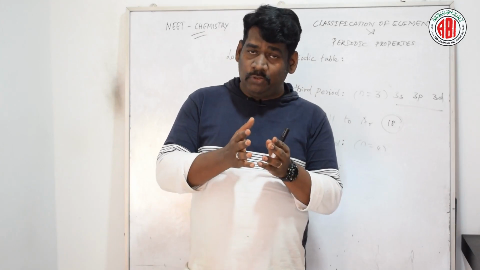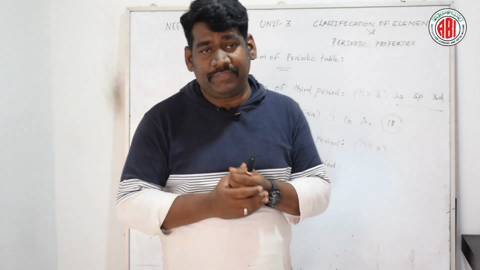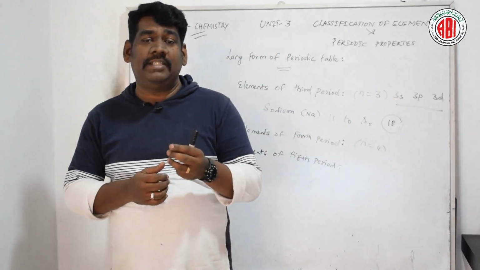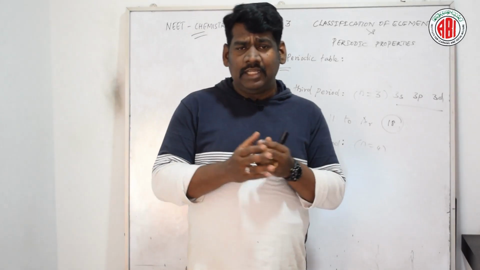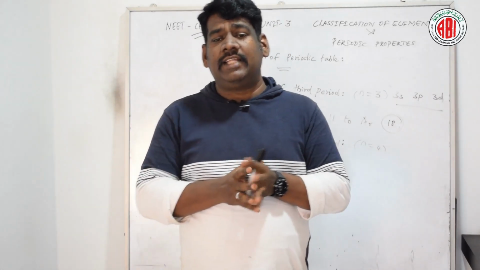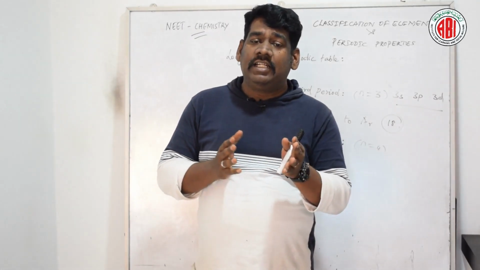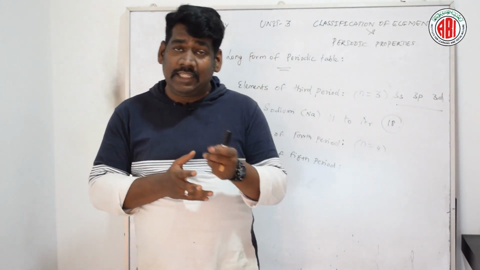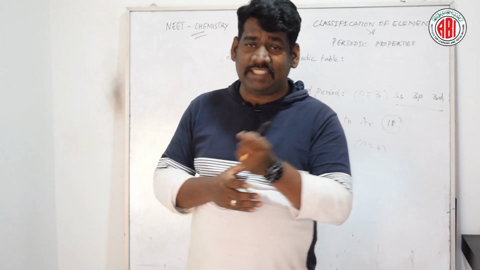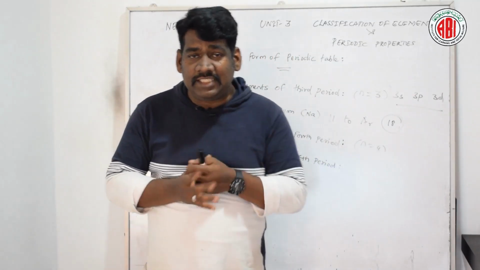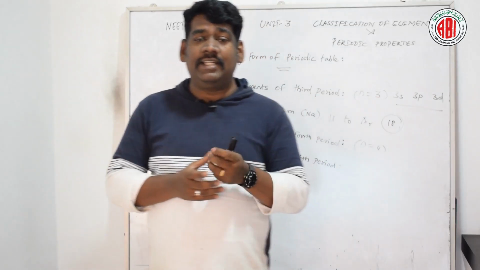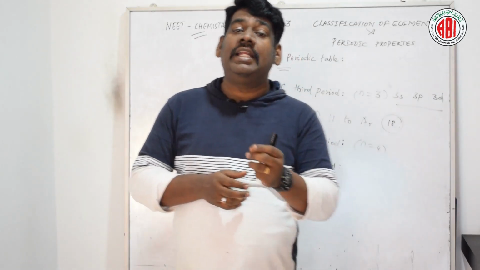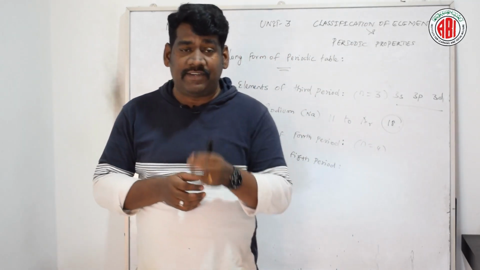It starts with cesium, atomic number 55, and ends with radon, atomic number 86. Here we also see inserted elements, called the inner transition series or the lanthanide series, which starts with Z equal to 58 and ends with lutetium, atomic number 71.